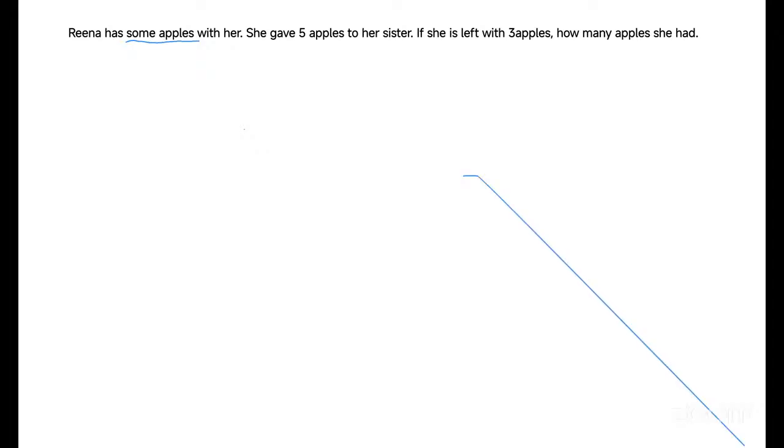So, for your kind information, only writing the equation is also not important. You have to mention everything. So, you have to write it like this. Let the number of apples be x.